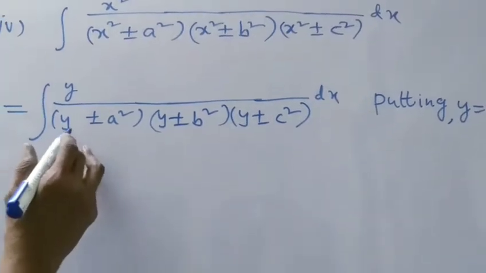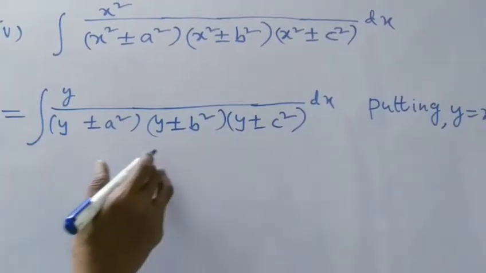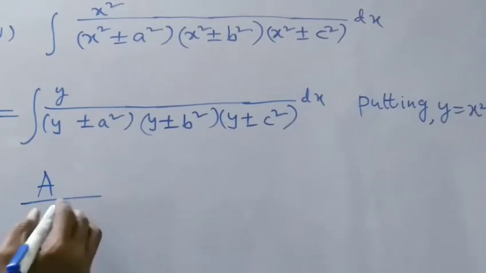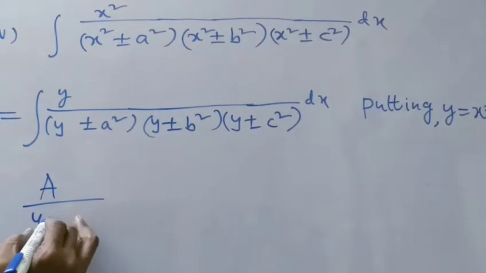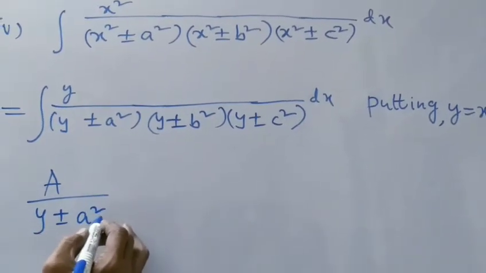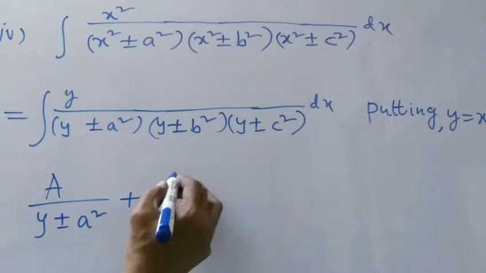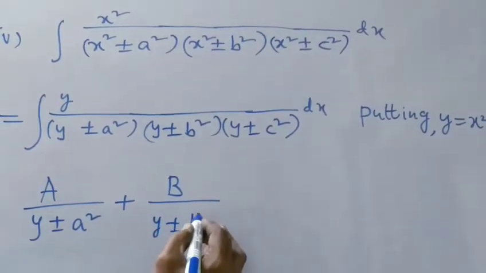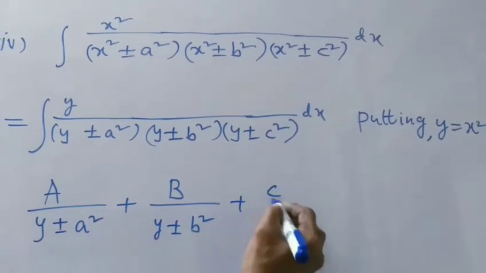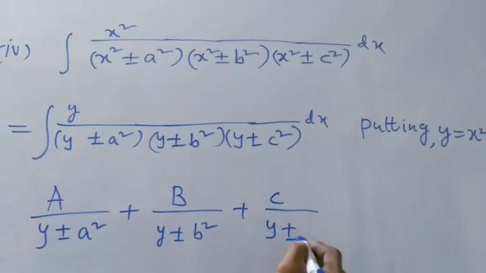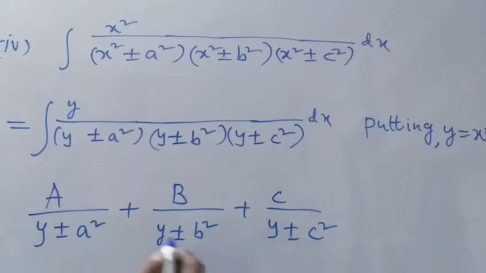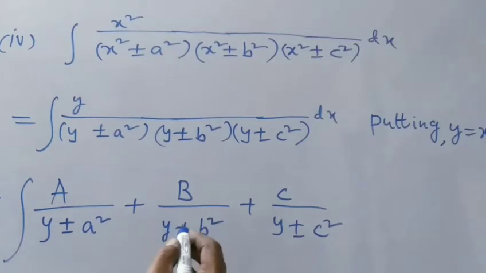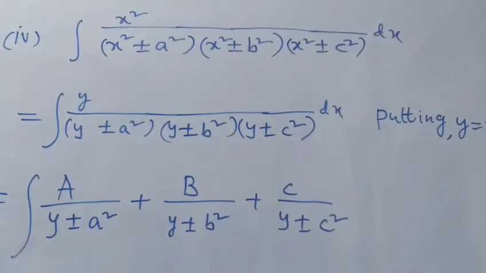Here, how many factors are there? 1, 2, 3. We have to split it into 3 factors, that is a by y plus or minus a square plus b by y plus or minus b square plus c by y plus or minus c square dx.